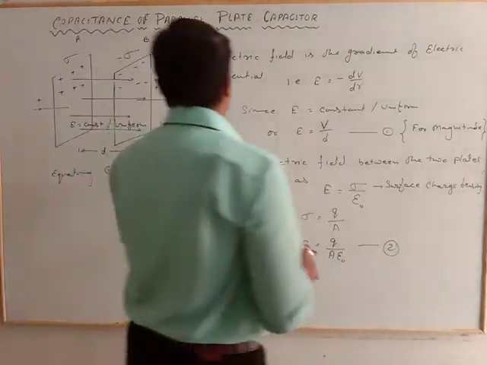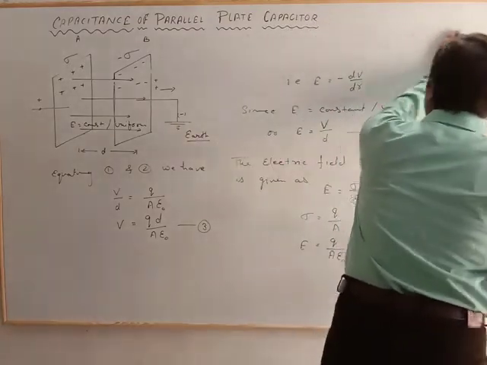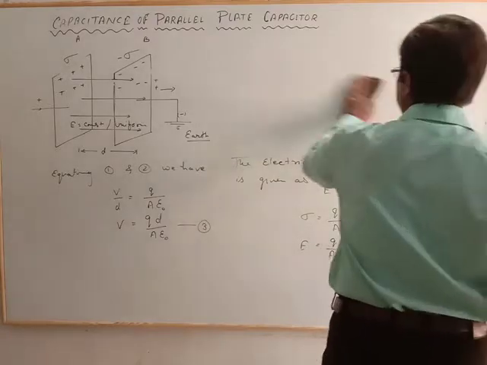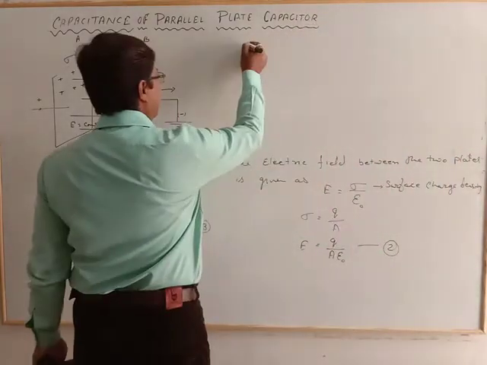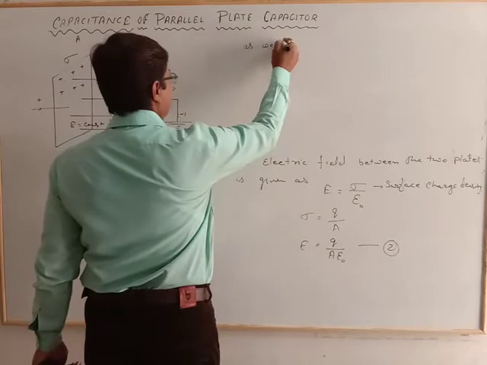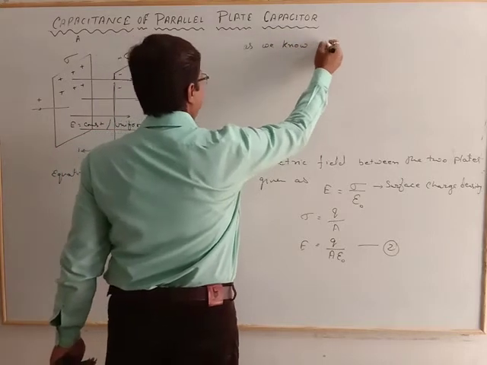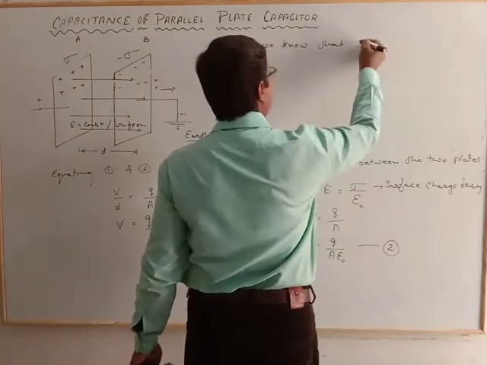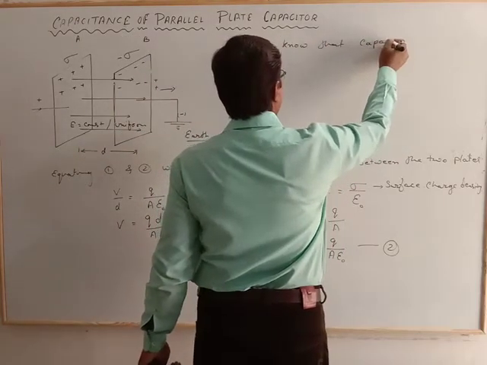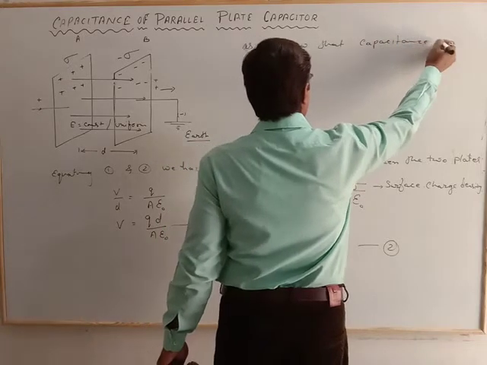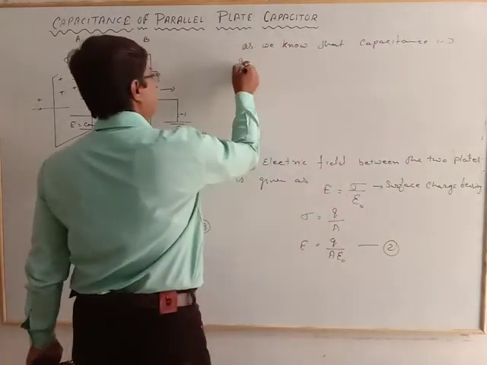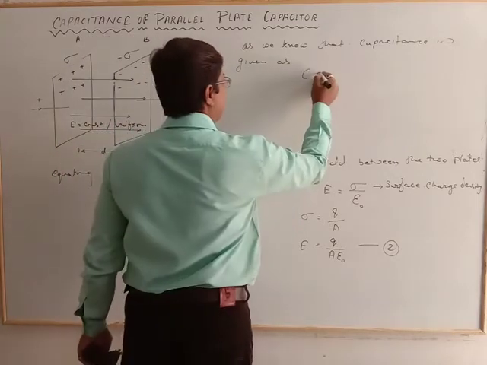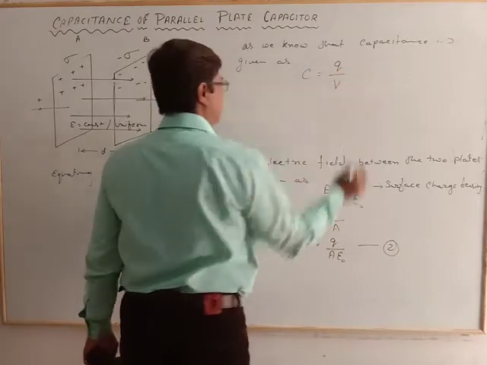So for the capacitance of the parallel plate capacitor, as we know, capacitance is given as C is equal to Q by V. This is equation number 4.